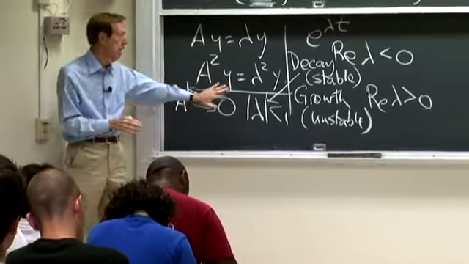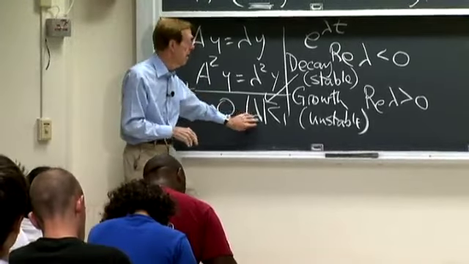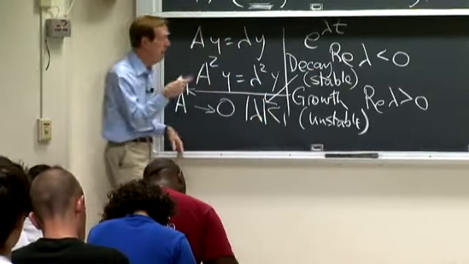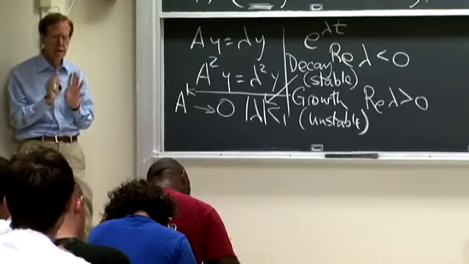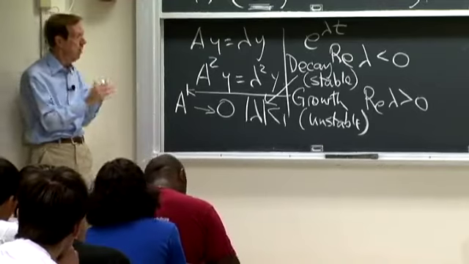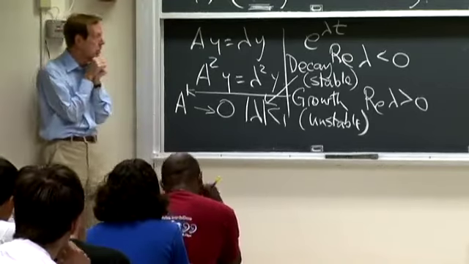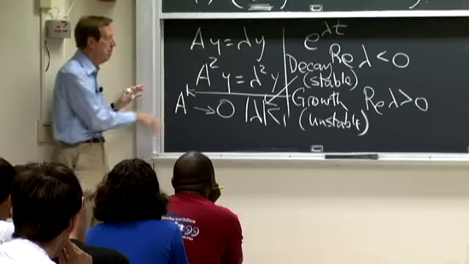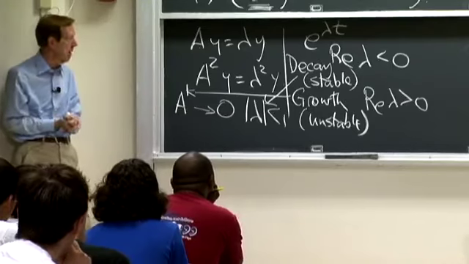Okay, so you're seeing here and also here the idea that we may have to deal with complex numbers. We don't have to deal with the whole world of complex functions and everything, but it's possible for complex numbers to come in.